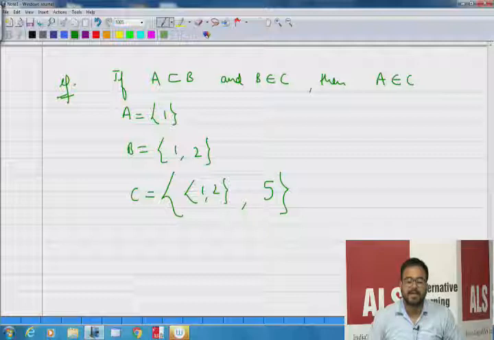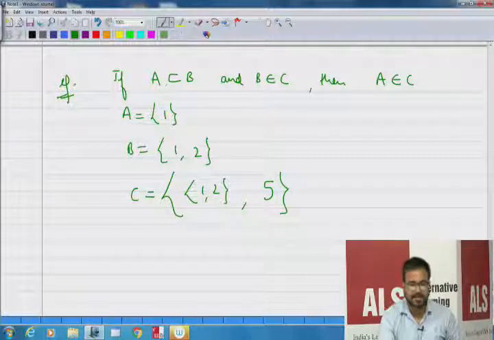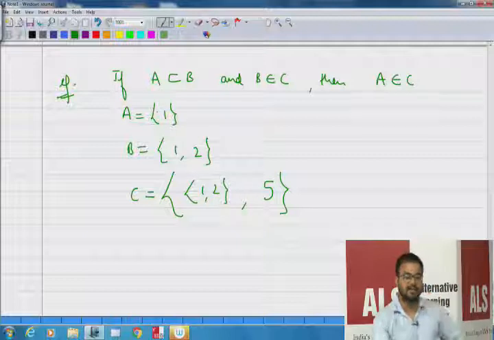Now whether A is an element of C or not, can we say A is an element of C? You can say this A, this is alone 1 in the curly braces, but here 1 is not present alone.